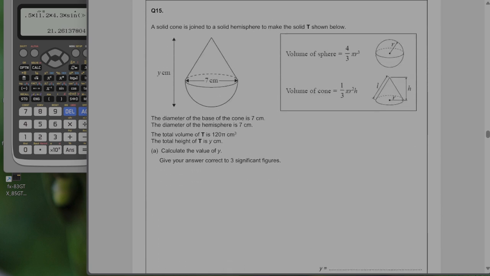Okay, question 15. A solid cone is joined to a solid hemisphere to make solid T, shown below. The diameter of the base of the cone is 7 centimeters. The diameter of the hemisphere is 7 centimeters.